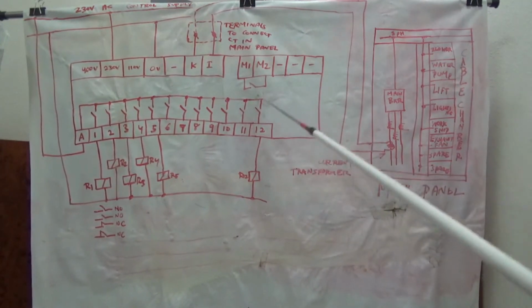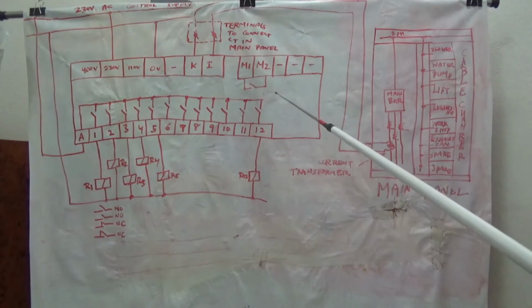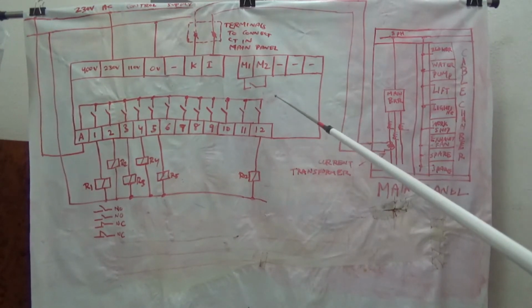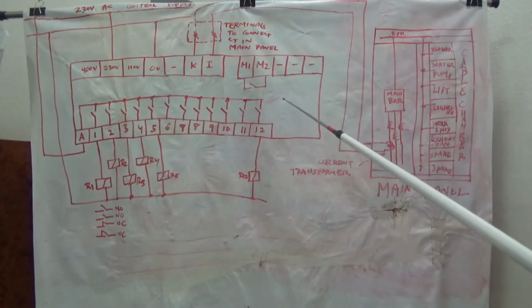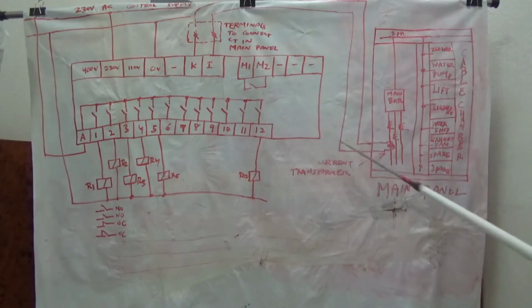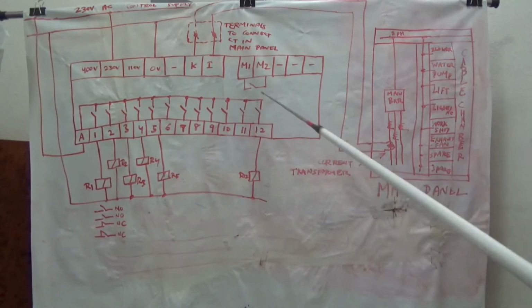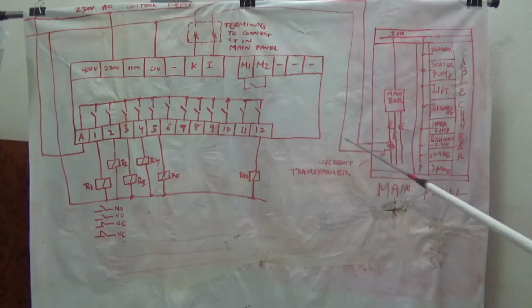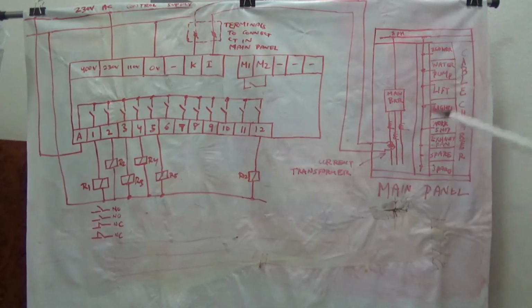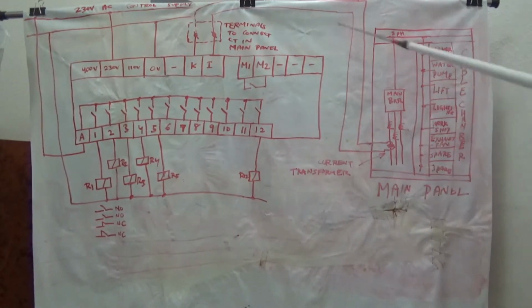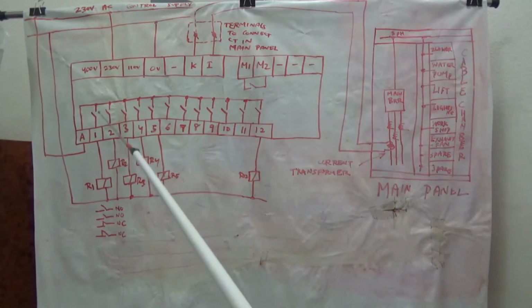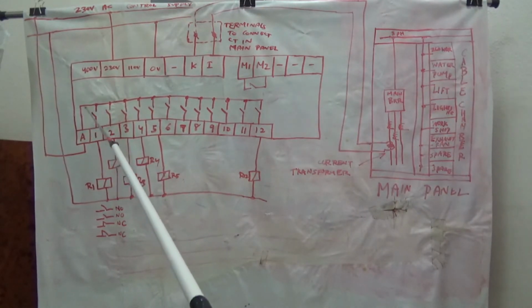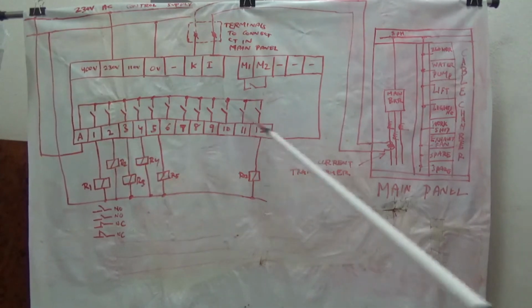So this is a comparator. Inside we have to put the target power factor, 0.98 or 0.97 or 0.96, and the comparator will compare the nature of the power factor of the system, and it will give a signal to close these contacts, 1 to 12.